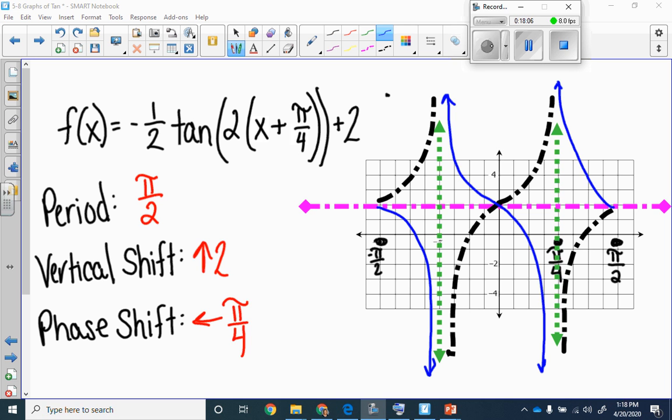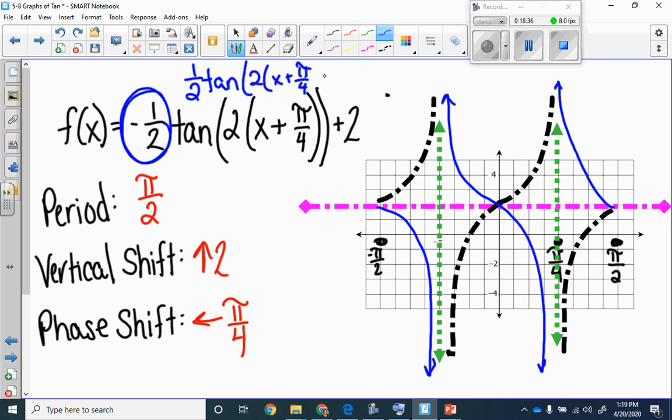All right, so hopefully you came up with something that looks like the blue line that's graphed there. And the reason why it's here is because you have to be careful because there's that -1/2 out in front, so there is going to be a reflection over the x-axis. And if you are waiting to do that reflection at the end, remember that you'd have to factor out that 1/2, so you'd have 1/2 tangent of 2 times x plus pi over 4 minus 2.